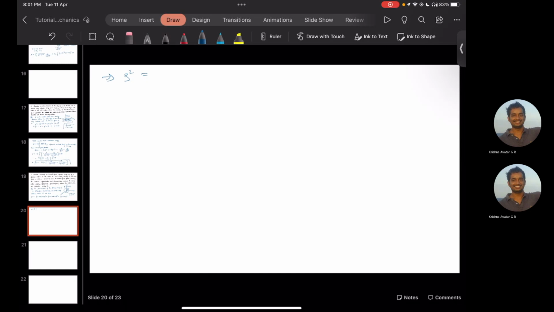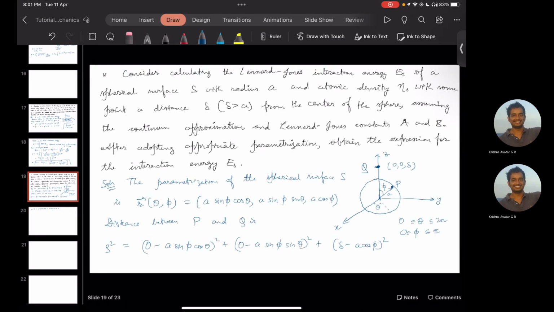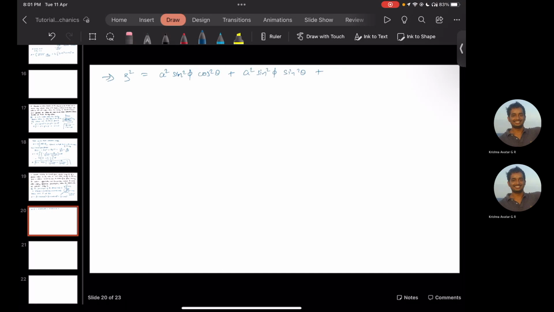Now let's take it to the next slide. Rho squared is equal to a squared sine squared phi cosine squared theta, plus similarly a squared sine squared phi sine squared theta, plus what you see is del minus a cos phi squared.